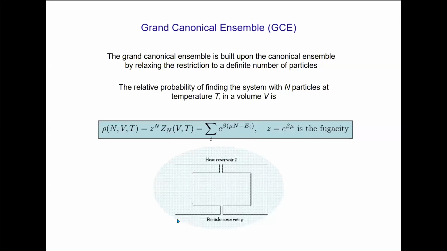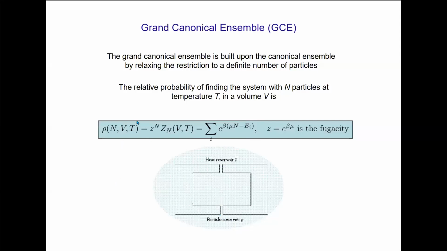We can visualize this picture as follows. This is our system. It's allowed to exchange heat with the heat reservoir of temperature T, but now it's also allowed to exchange particles with a particle reservoir, so particles can enter and escape from the system.